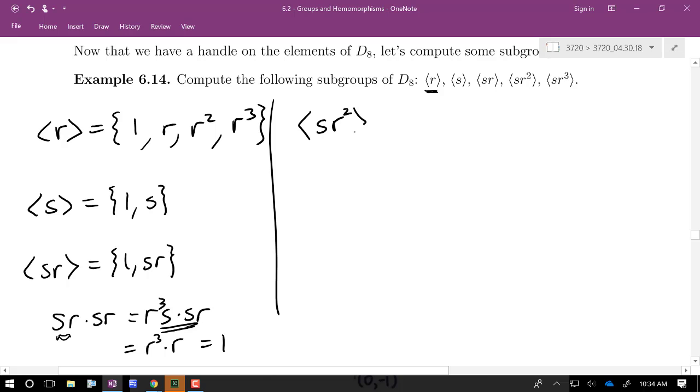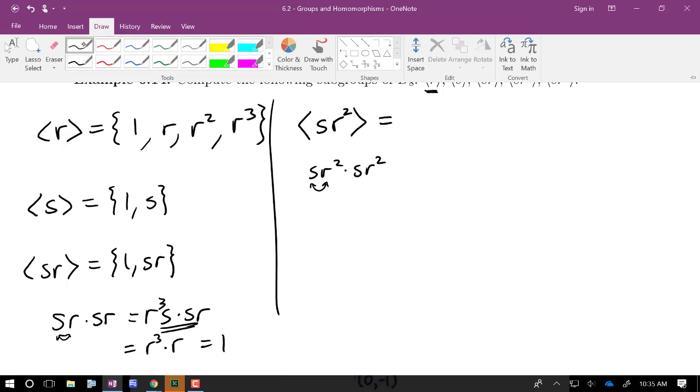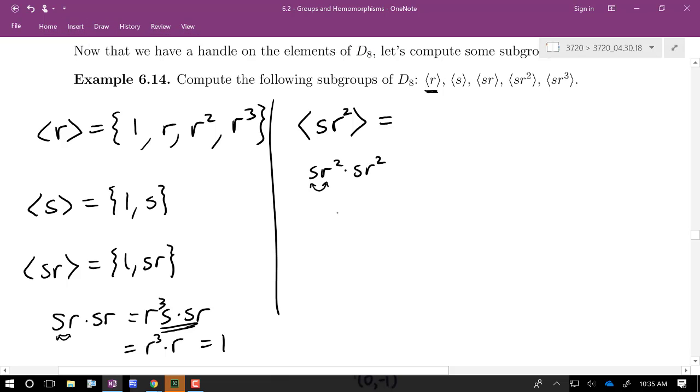Let's do SR squared. So what happens when we compose SR squared with itself? Let's say if we flip the first SR squared around, what do I get if I flip those first two elements around? What is the inverse of R squared? No, 1 is only its own inverse. What's that? The inverse of R is R cubed.